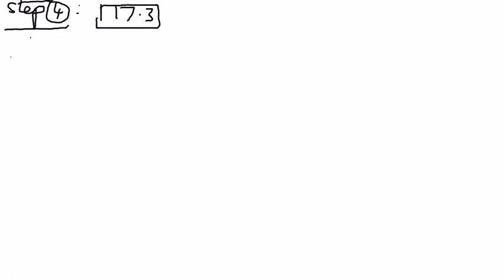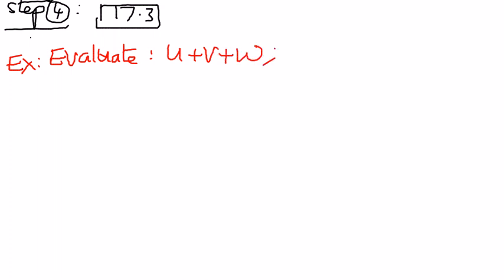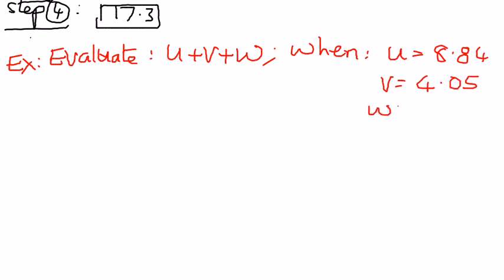Let's say this time we want to evaluate u plus v plus w when the values of these variables are given to us: u is equal to 8.84, the value of v is equal to 4.05, and the value of w is equal to 2.19.